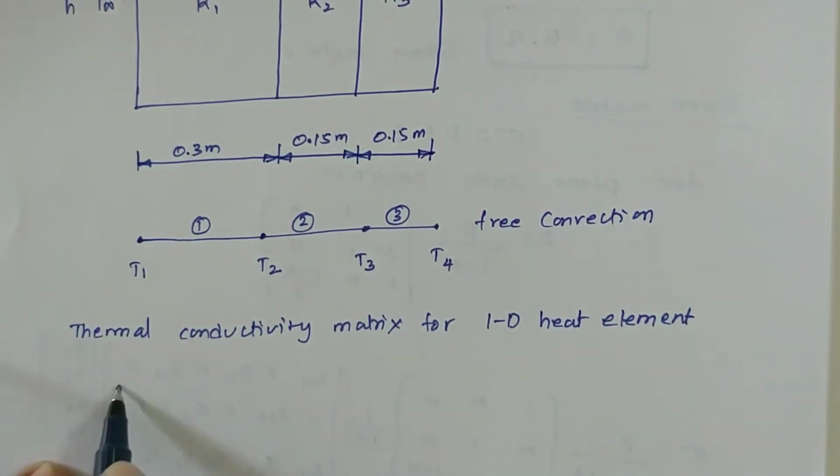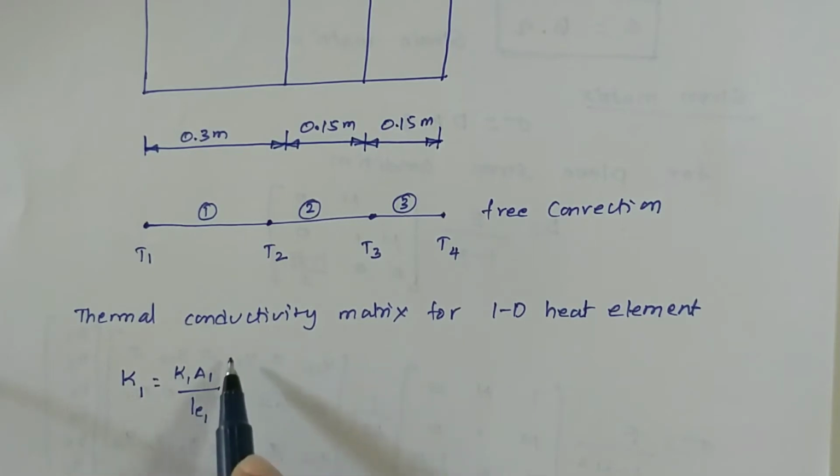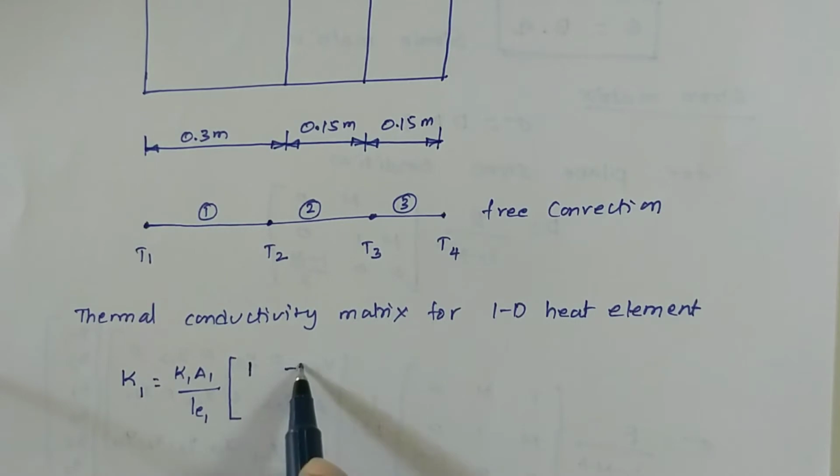If we consider element 1, we write K1 is equal to K1 A1 divided by LE1, where LE1 stands for the length of element 1, times the matrix plus 1, minus 1, minus 1, plus 1.